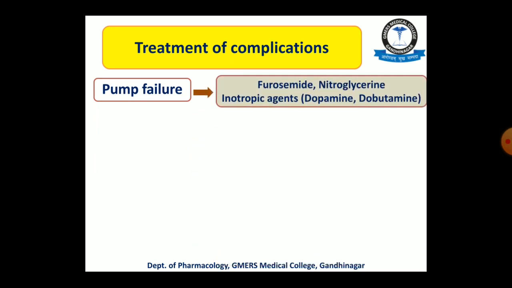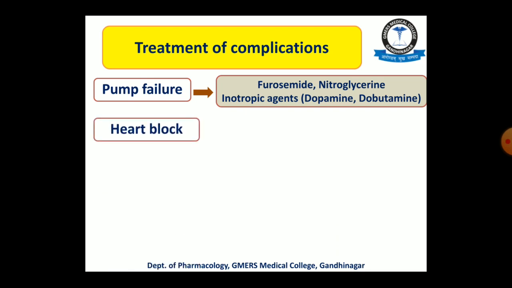You can manage this by decreasing the volume overload with the potent loop diuretic furosemide, or you can give a vasodilator, mainly nitroglycerine, which will reduce the preload and the afterload, and that's why the failing heart can be improved. And if these two agents are not effective, then you may add inotropic agents like dopamine or dobutamine for a short period of time.